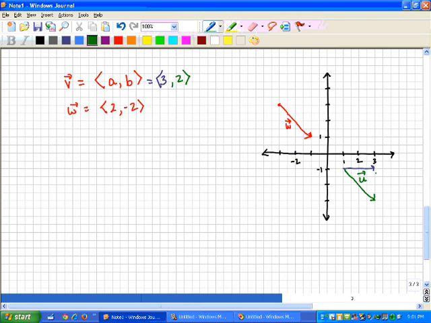Its vertical component is still 2 units down. So if we were going to describe the vector U using this notation, it would be an equivalent vector with the same horizontal and vertical components.